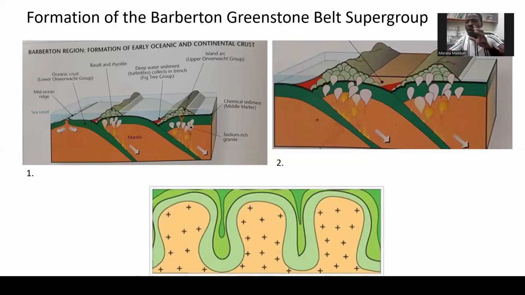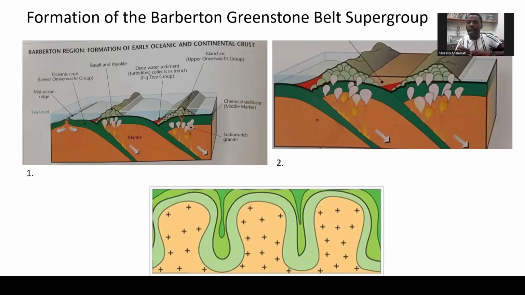Now, ladies and gentlemen, moving right on, we had the sediments. All right, because now we formed these island arcs, and we know that as we are forming the island arcs, these island arcs will be exposed to weathering processes. Because of their height, they are exposed to weathering, so you'd agree with me that these island arcs will be eroded.